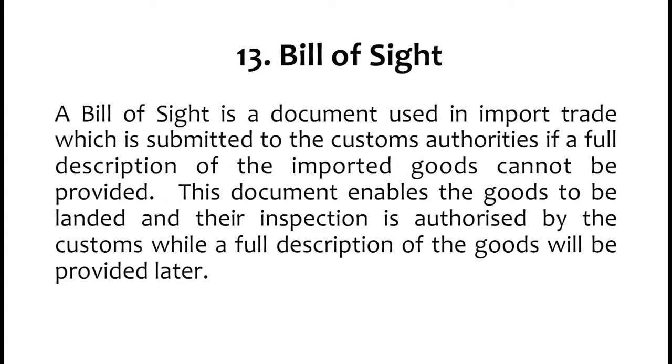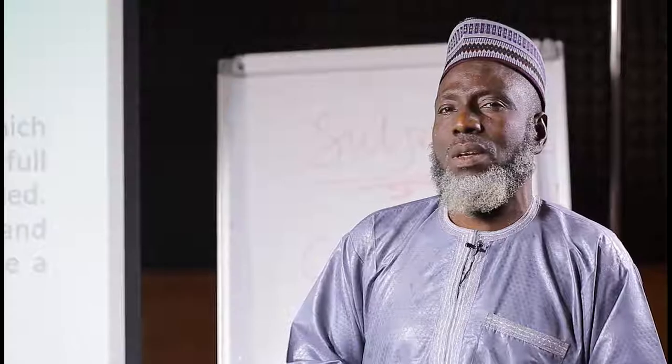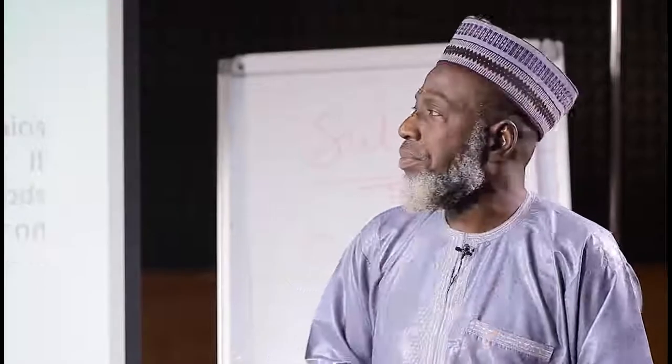This document enables the goods to be landed and their inspection is authorized, because goods are normally inspected by the time they arrive at the port by the customs, while a full description of the goods will be provided later, which is talking about invoice.